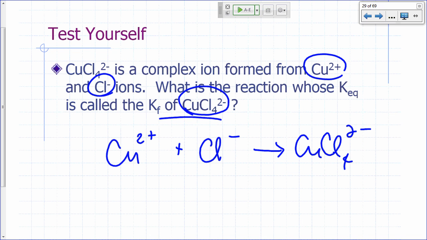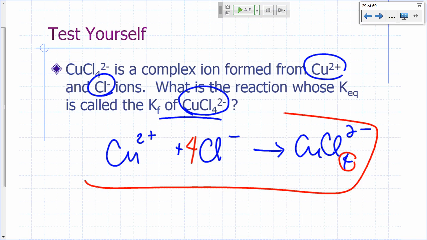And how many chlorides do we need to balance this? We need 4 chlorides, so 4. So that is your reaction for the formation of CuCl4 negative 2. The KEQ for that is called the KF, or the formation constant, of the tetrachlorocopper ion. Okay?